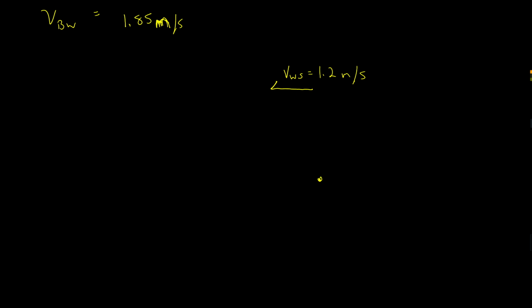So I'm over here on the shore, the boat's going to go this way, and so we'll put the boat here. The boat relative to the water is 1.85 meters per second. Now I want to find the vector that combines these, the boat relative to the shore. What I'm going to see when the boat's moving this way and the water's moving this way is that I add these two.